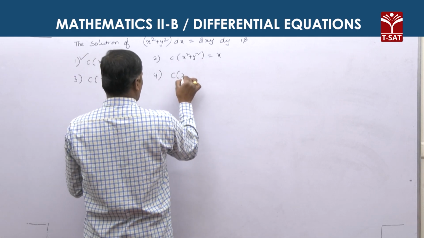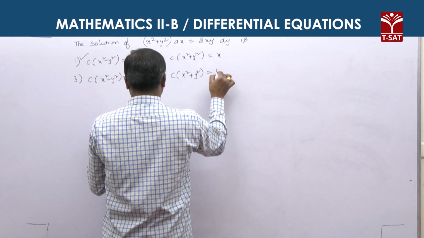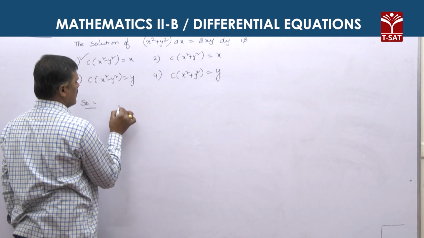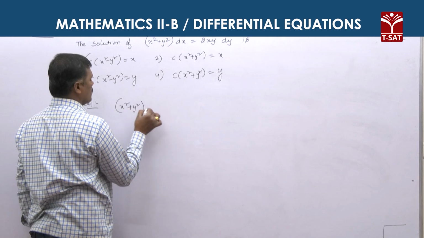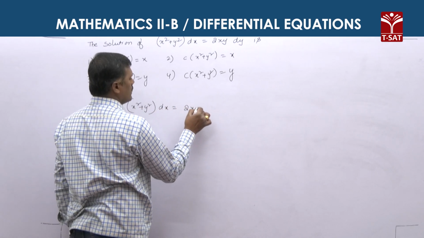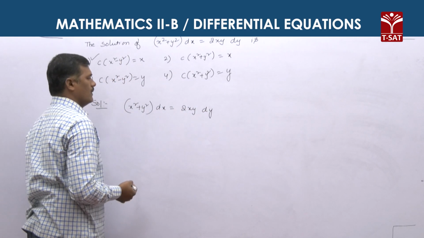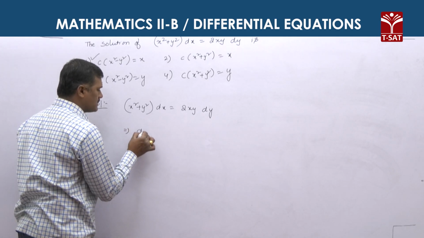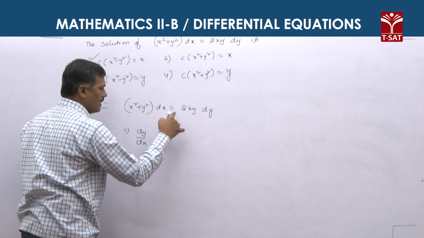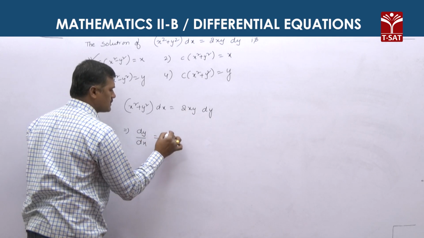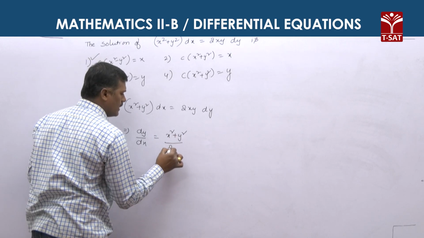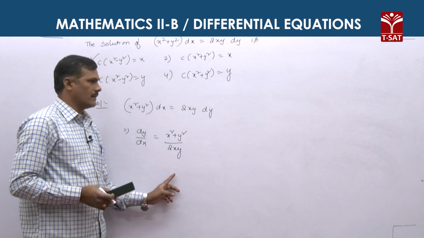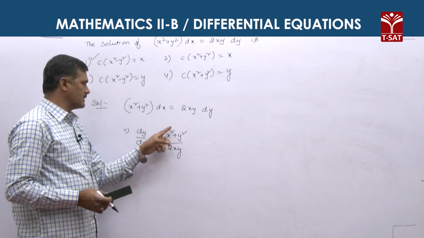Fourth option, c into x square plus y square is equal to y. Solution: given x square plus y square into dx is equal to 2xy into dy. Now this can be written as dy by dx is equal to x square plus y square by 2xy.